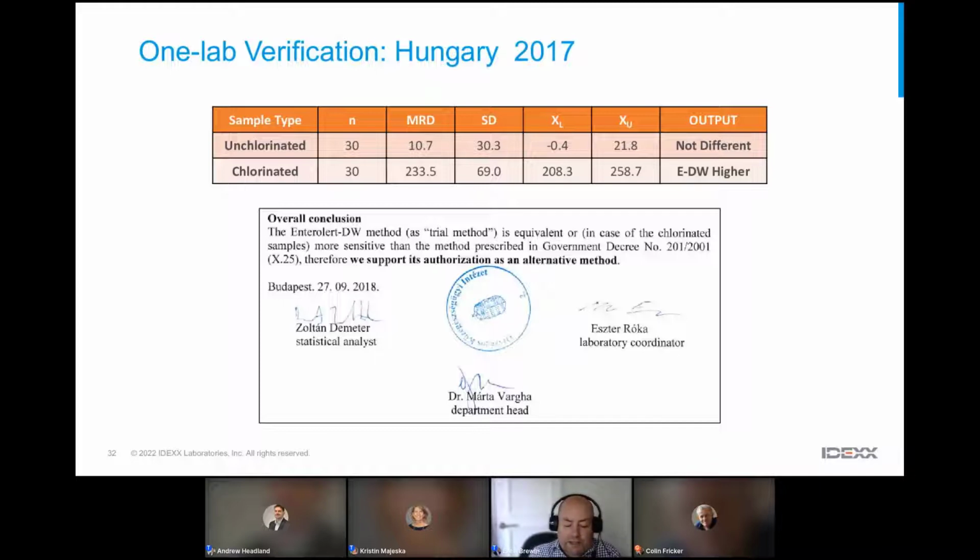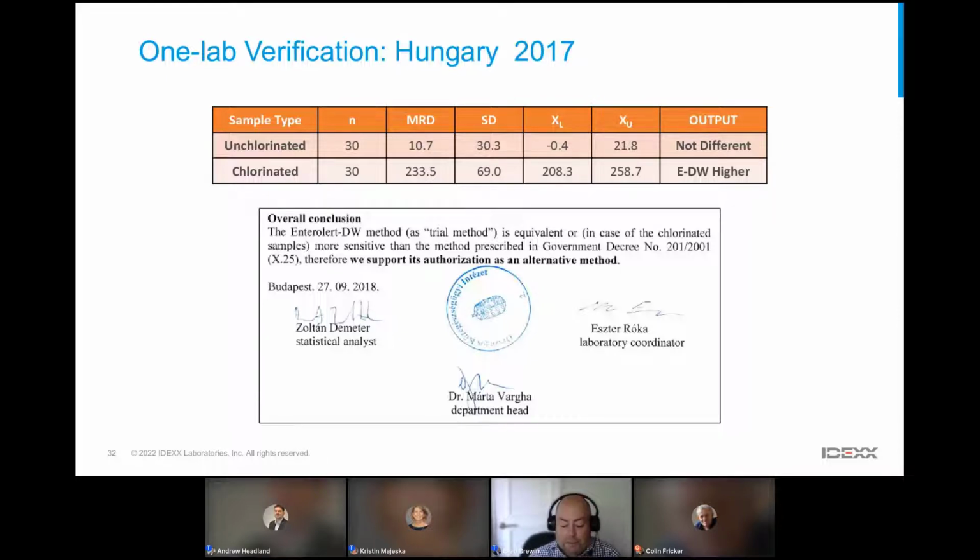The statistical analysis of the data was performed, again, according to ISO 17994, that's the standard for comparing microbiological methods, particularly with water. It indicated that for uninjured samples, the methods were not different. But again, with the chlorine injured samples, the Enterolert DW method was determined to be more sensitive and detected more Enterococci.